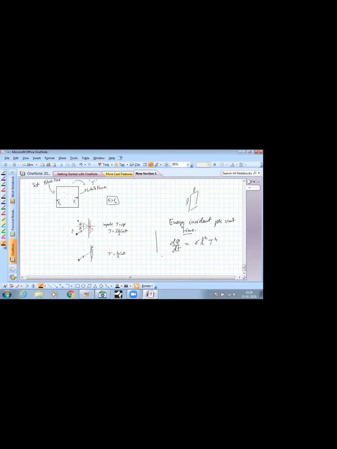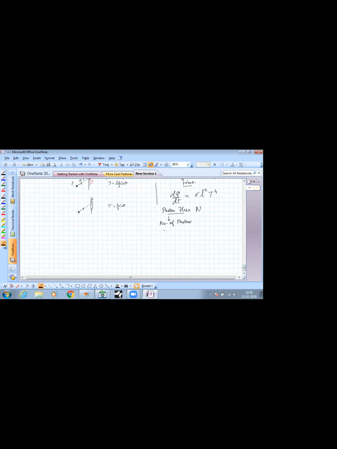So you can say photon flux, say n, that is the number of photons incident per unit time on that surface, and that will become energy incident per unit time divided by the energy of a photon.